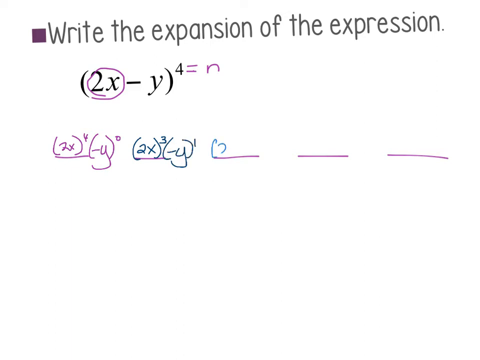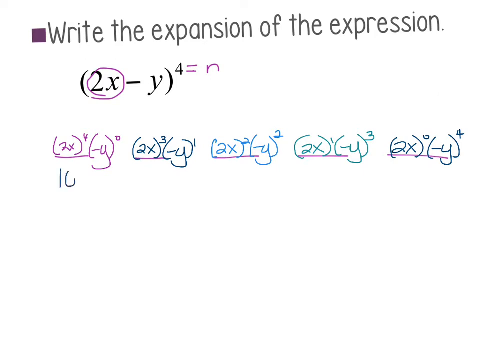And then the next one is 2x raised to the 2nd, negative y to the 2nd, 2x raised to the 1st, negative y to the 3rd, 2x raised to the 0, negative y to the 4th. With me so far?